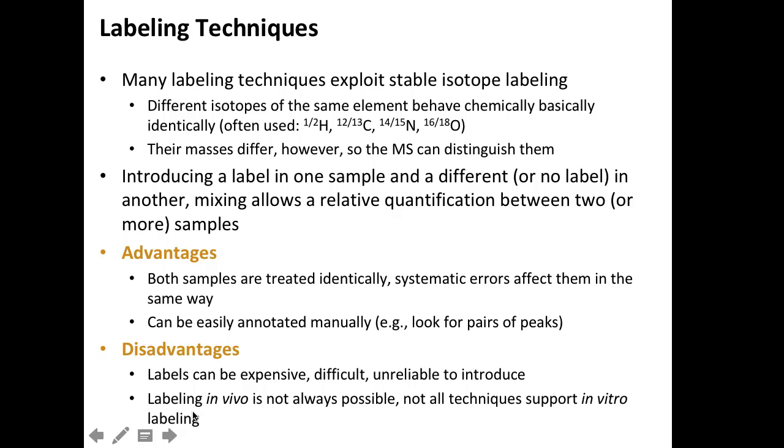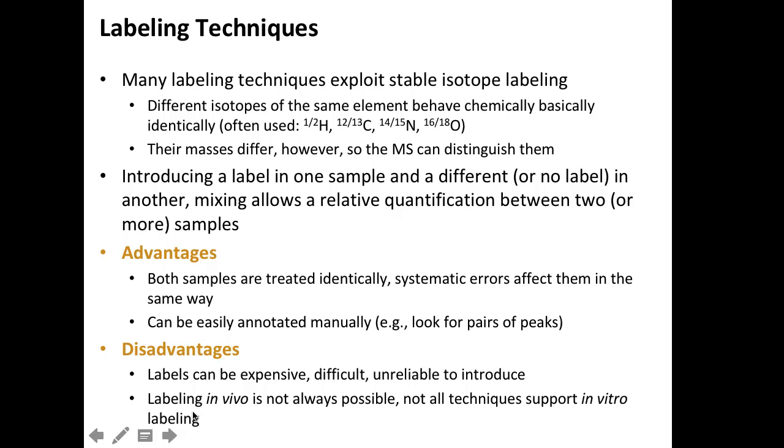What does labeling mean? You know it from the lab. You can label with fluorescent dyes, for example. That is something that is often done, or you can label with some tags that you can attach to them. Since we're dealing with mass spectrometers here, we have only one thing that we can use for tagging, and that is really mass.